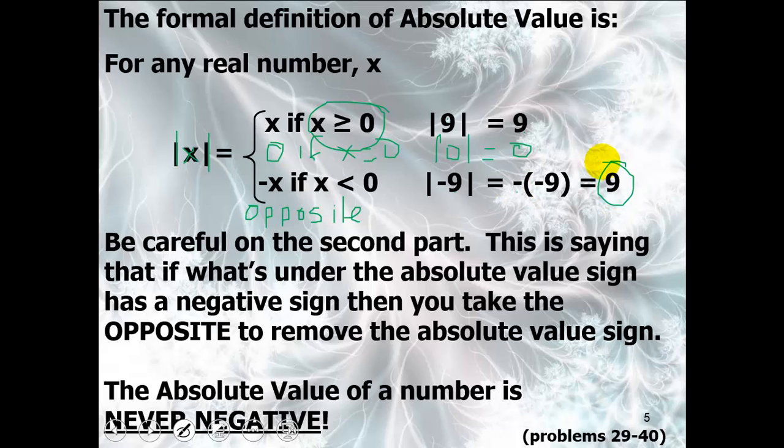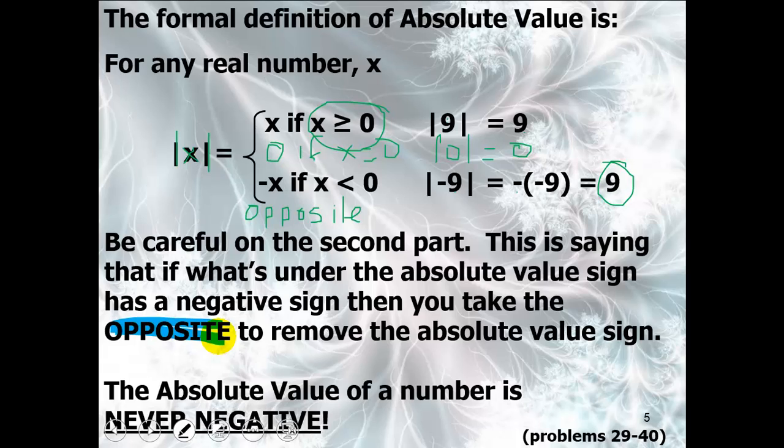Be careful here, okay? This is saying that if what's under the absolute value sign has a negative sign, then you take the opposite, I'm going to highlight the word opposite, to remove the absolute value signs.